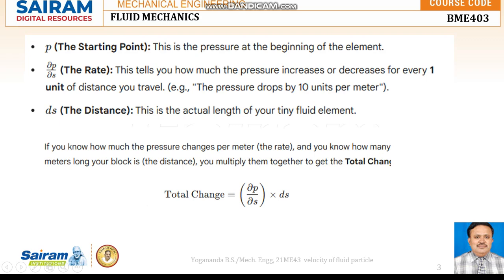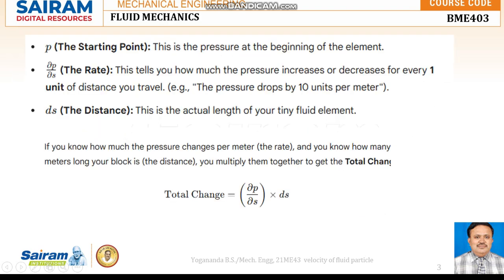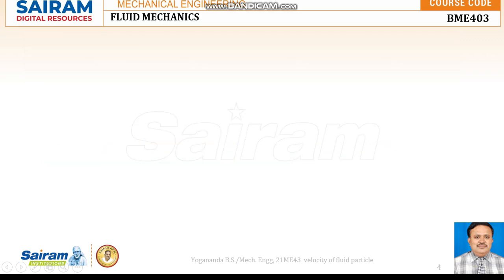We have P, the pressure at the beginning of the element. So we have the pressure force, pressure into area, so P dA. Then we have the rate of change of pressure as we travel 1 unit of distance, that is dou P by dou S. ds is the actual length of the fluid element.